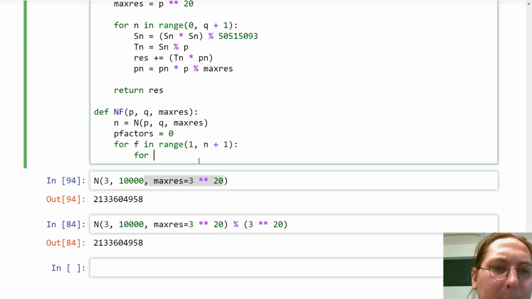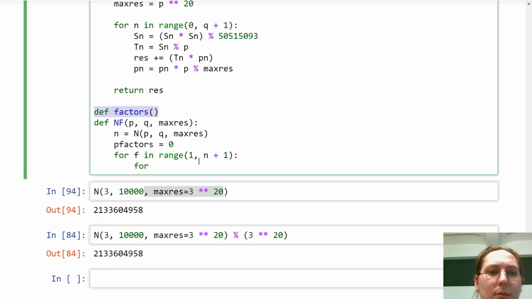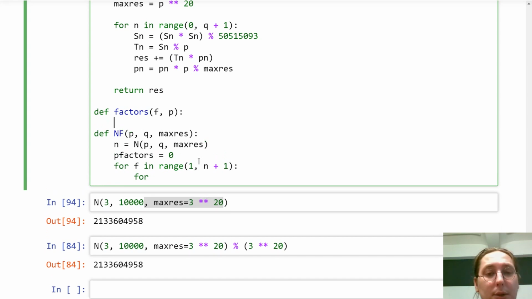If we pass it a number and then 3, we calculate. Just divide by 3. The P factors is 0. If f mod p equals 0, call it again. Otherwise, return 0.